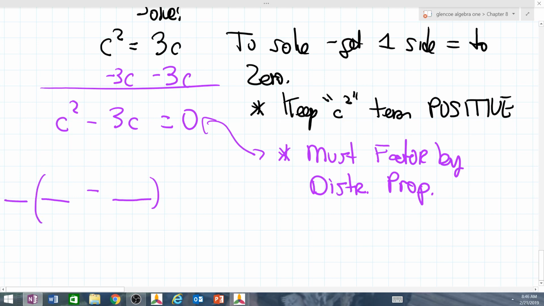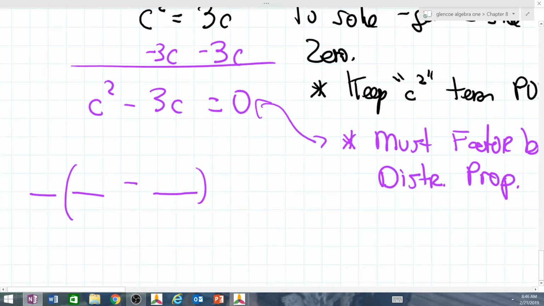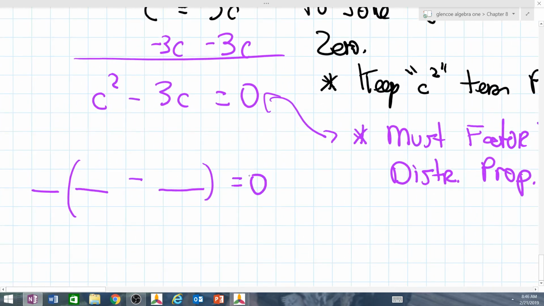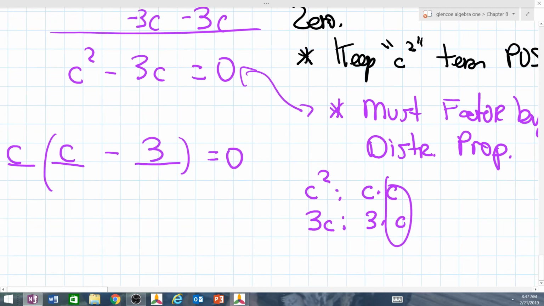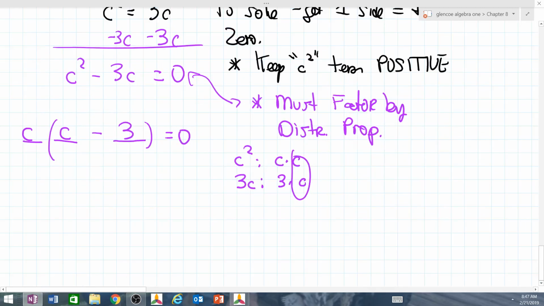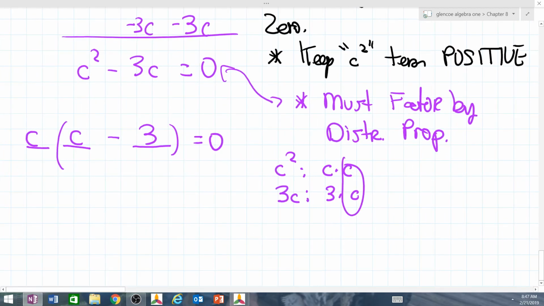So I make my skeleton. I think you can all figure this one out. What is the GCF of C squared and 3C? What do they have in common? A C. So my GCF goes out here. What goes in the first blank? What goes in the second blank? A 3. So now it is in factored form, which means now I can use the zero product property rule.